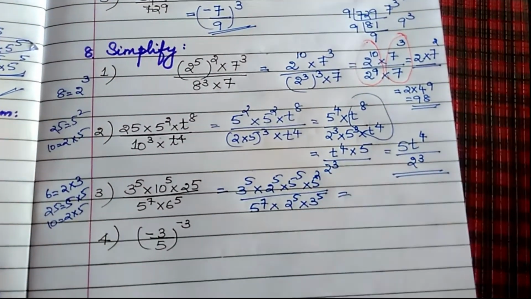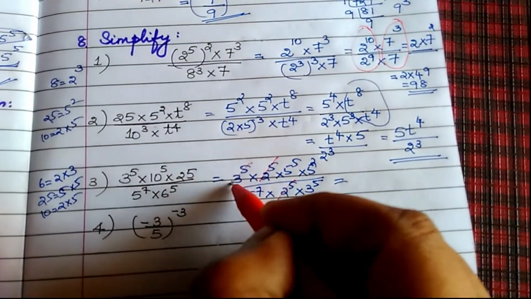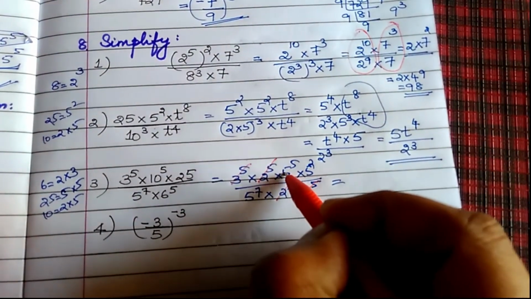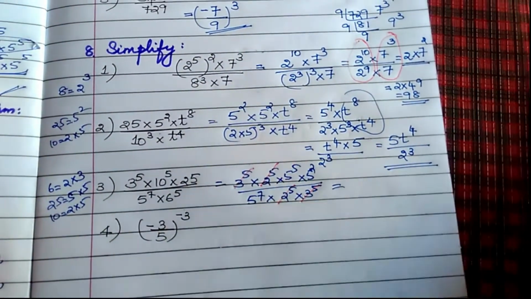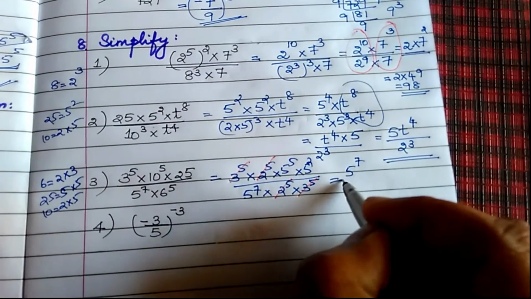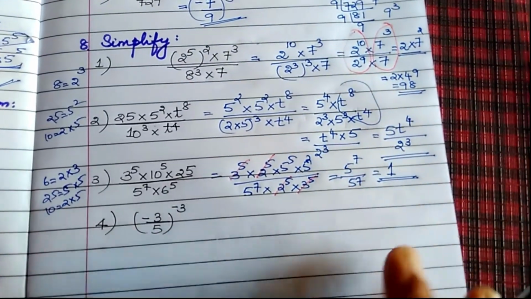Which are cancelling? 2 to the power 5, 2 to the power 5 cancels, 3 to the power 5, 3 to the power 5 cancels. So it is equal to 5 to the power 7 upon 5 to the power 7. These two cancel and the answer is 1.